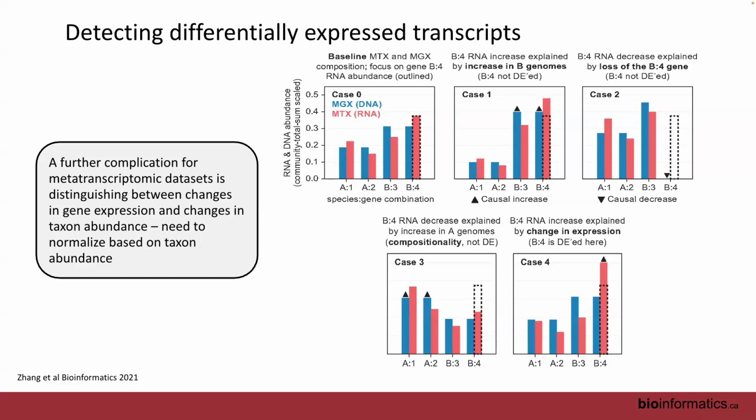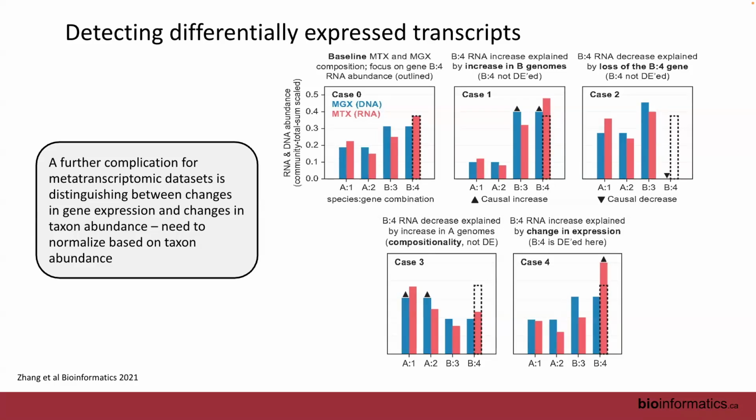And in that sample where you get more of that taxon, you're going to get higher expression of those genes as well. So there's this concept of taxon specific scaling. We have 5 different cases here, where we have a baseline, which is the real data. The blue is metagenomics, the red is metatranscriptomics data sets.